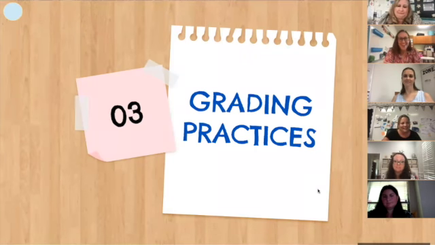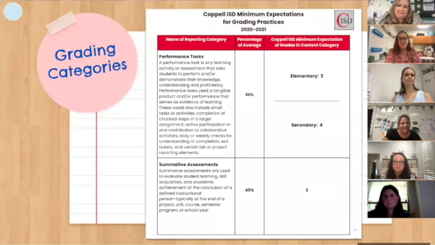Just kidding. All right, grading practices. Grades will be in Schoology, and you can also see them in Home Access Center, which I believe is coming up after this. Performance tasks will be about 55% of their averages, and that's going to be things that we have in class, just classwork, what are they doing, quick checks, things like that.